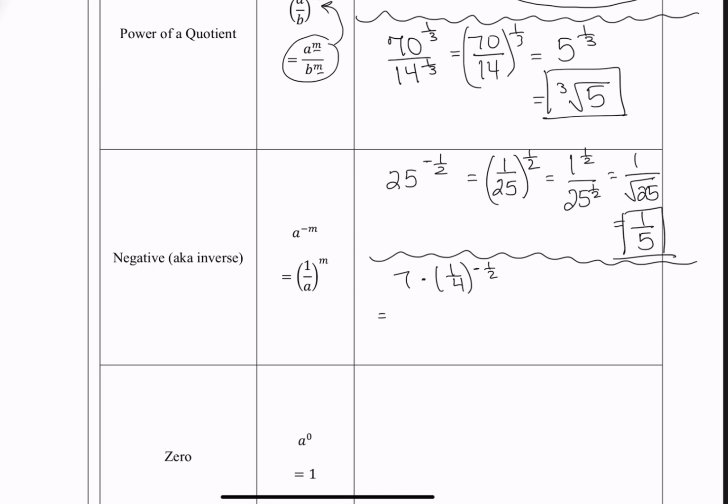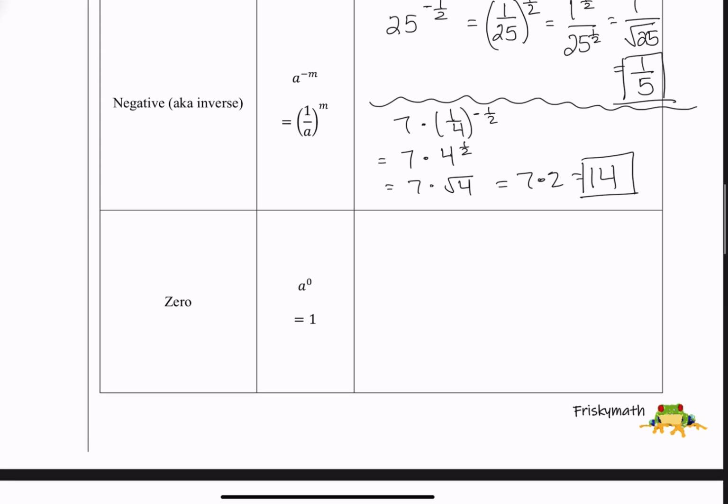So I'm going to leave the 7. I'm going to reciprocal 1/4, which is really 4, raised to now the positive 1/2. And 4 being raised to the positive 1/2 really means take the square root of 4. So I'll write it in radical notation for you, which then gives us 7 times 2, or 14.